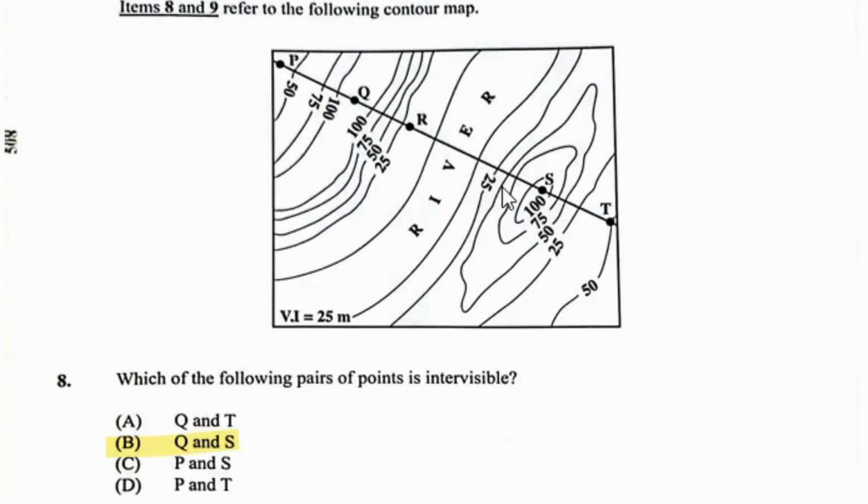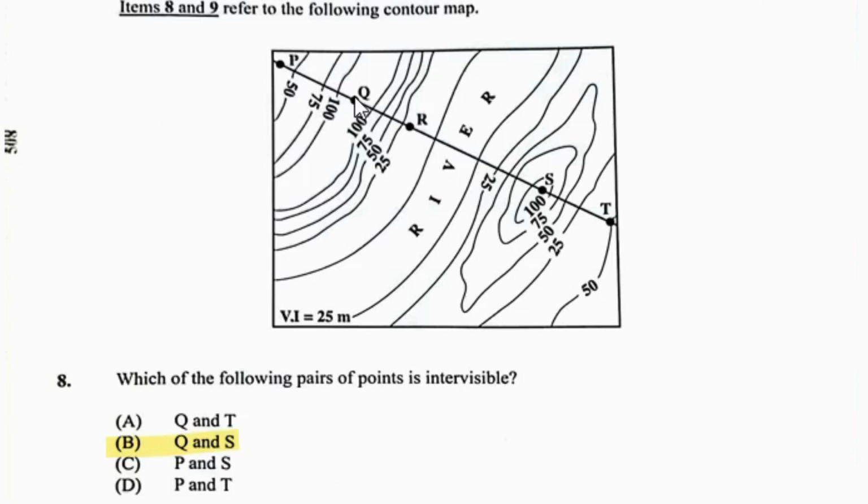So if you're standing at point Q and looking across the valley, you should see point S, especially since they're the same elevation and there's nothing in the way blocking intervisibility.